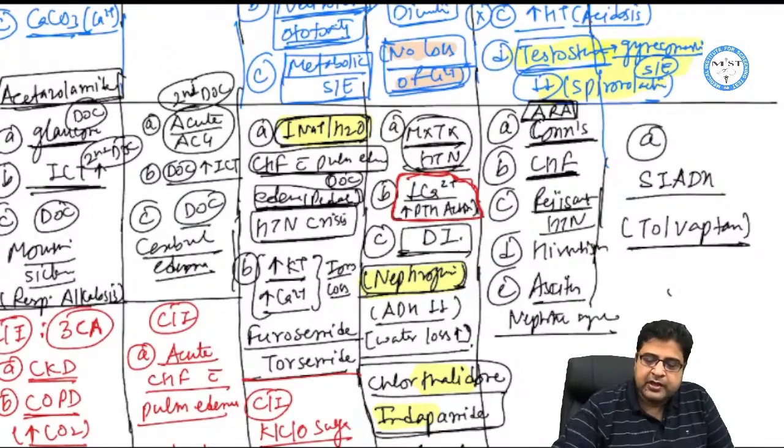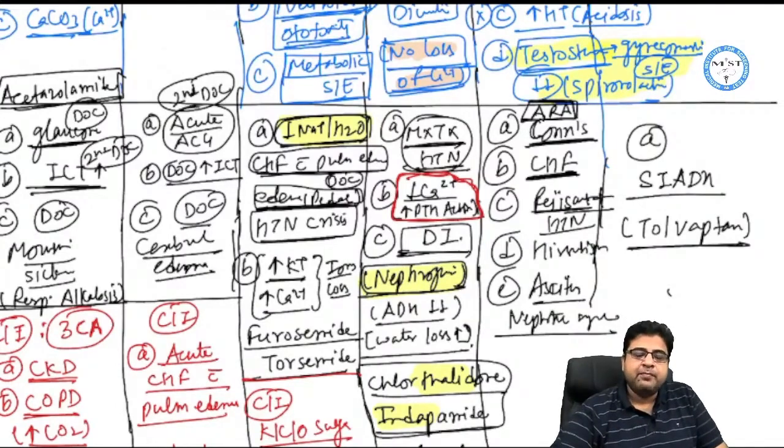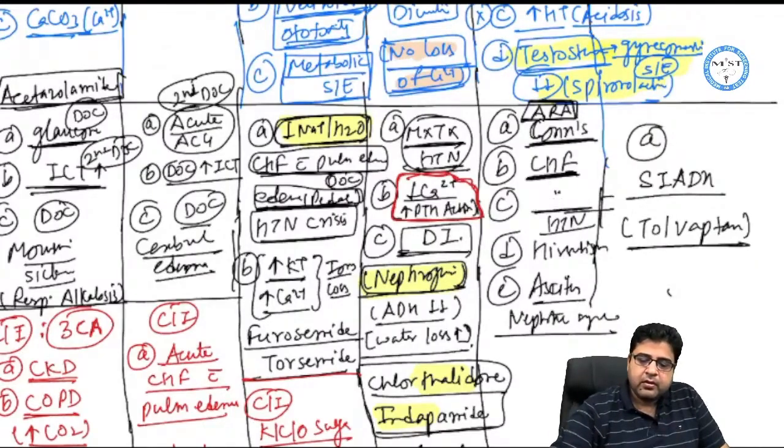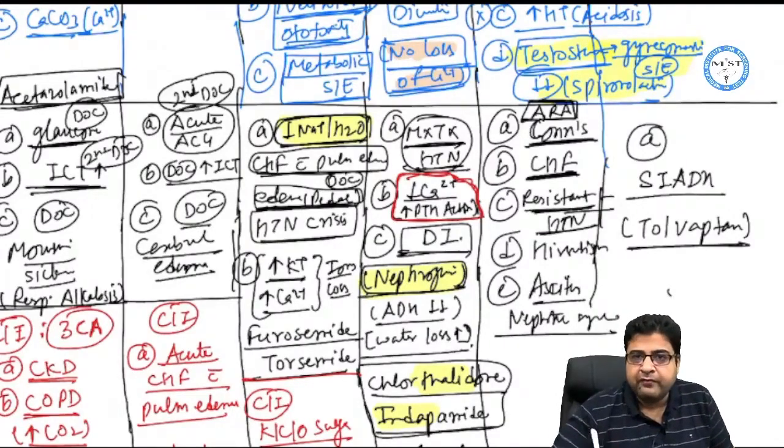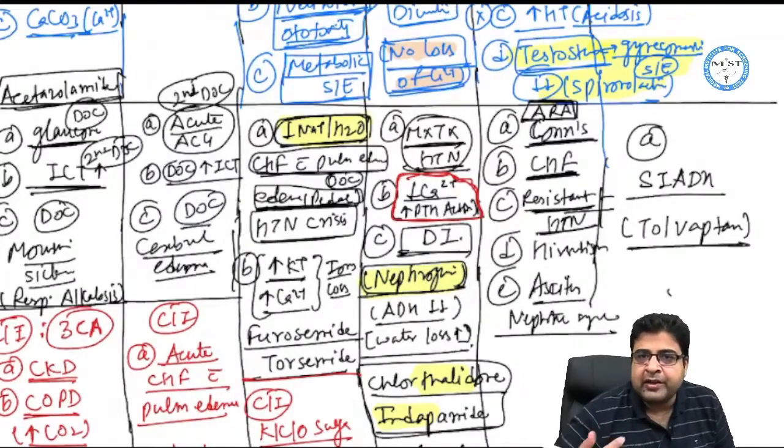And what is resistant hypertension? Let me write it correctly. Resistant hypertension is the one which is not controlled by 3 first-line drugs which the patient is already taking.